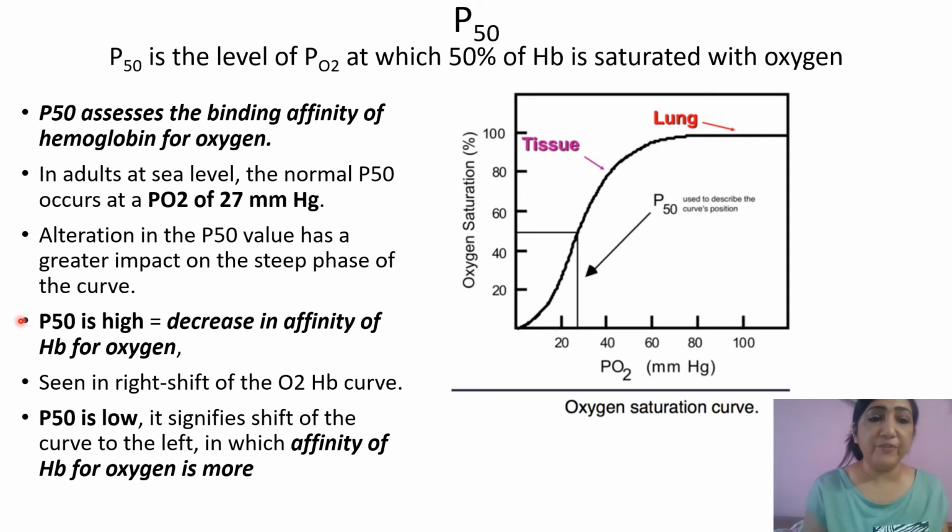So high P50 means dissociation is higher, decrease in affinity of the oxygen, there will be more unloading. If it decreases, the shift will be on the left side, unloading will be lesser, and the affinity will be greater towards hemoglobin.